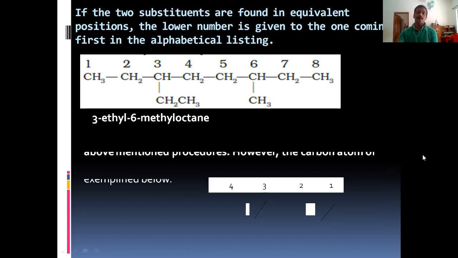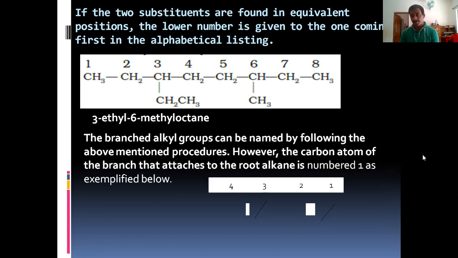In case of very long branched alkyl groups or substituents, you can follow the rules for the naming of an alkane. But here there is a condition: the carbon atom which is attached to the longest chain should get number 1.